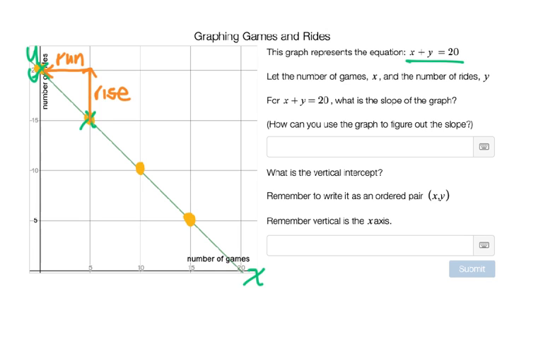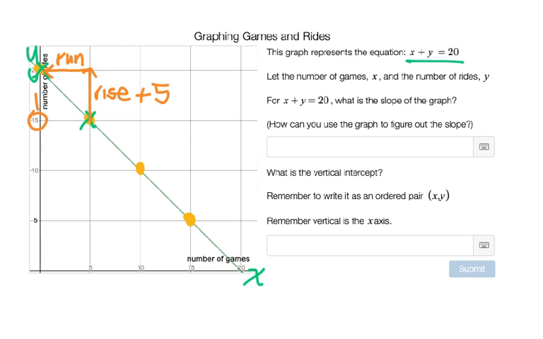If this is 15 right here and I have to rise to get to 20, how many did I rise? I rose 5, right? So I rose 5 up. Notice that I said plus 5.